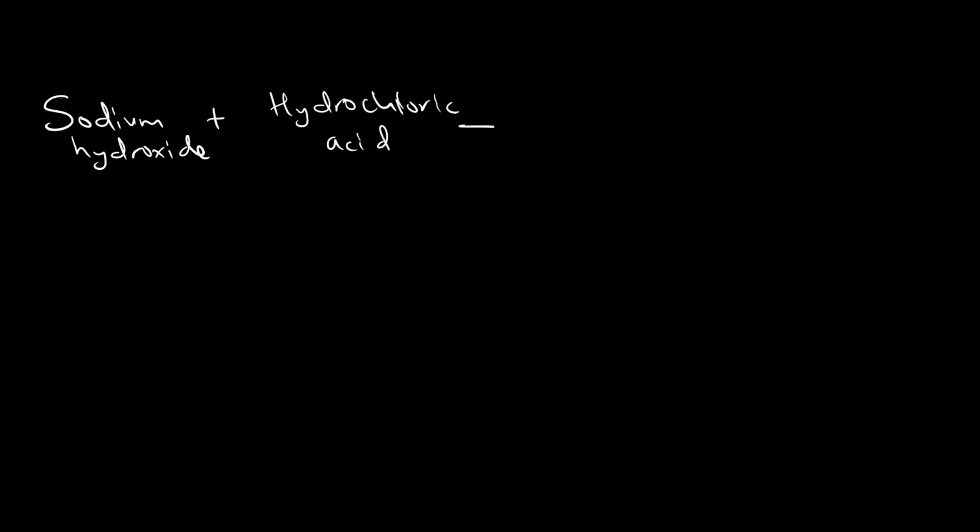So when we have maybe sodium hydroxide, so if we have sodium hydroxide reacting with hydrochloric acid, we shall always form salt and water, which is our sodium chloride, and then water, because sodium chloride is the salt plus water.